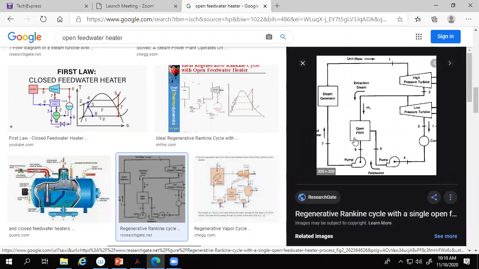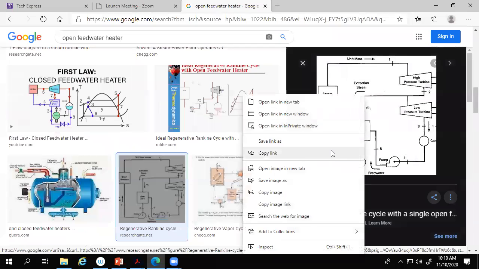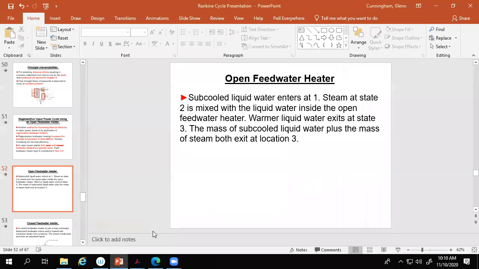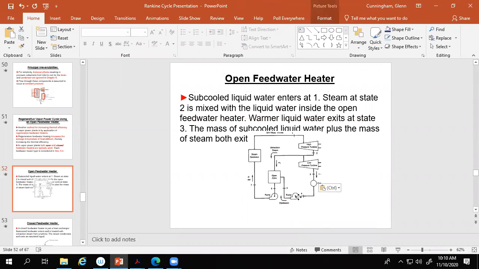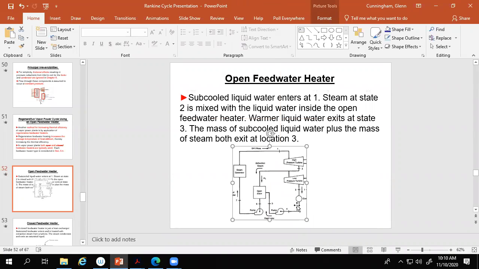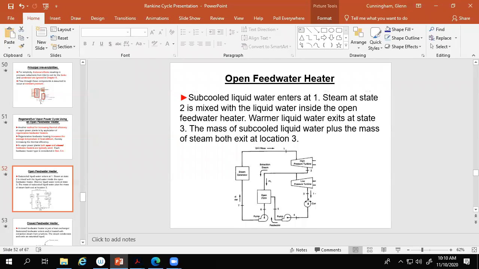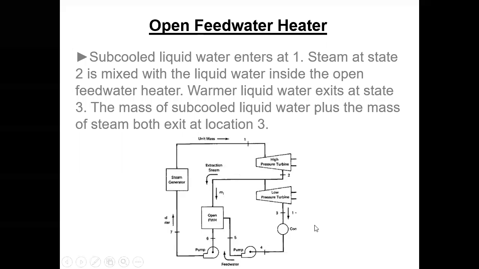You say open FWH, open feedwater heater, I promise. In fact, just copy image. Well, shoot, we'll just fix this right here. Nothing like doing your slides before a live audience, is there? I'll find a better one later.